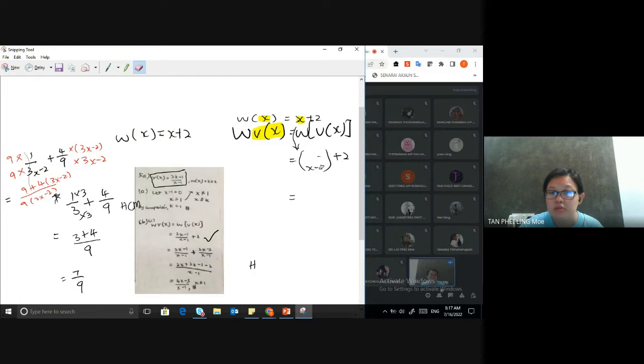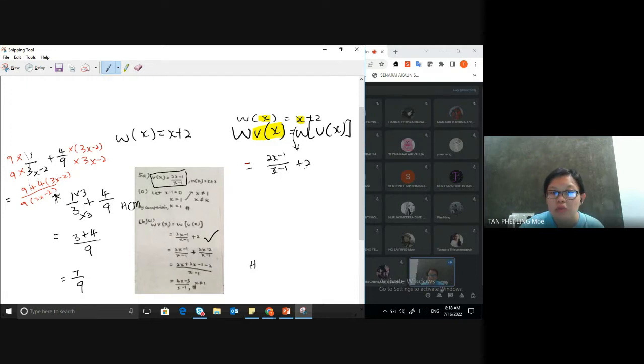This one isn't very clear, so I'm going to write it here. Let's change to my black pen. It will be equal to, just now I mentioned, 2x minus 1 over x minus 1 plus 2. So with that, top and bottom, we times x minus 1.